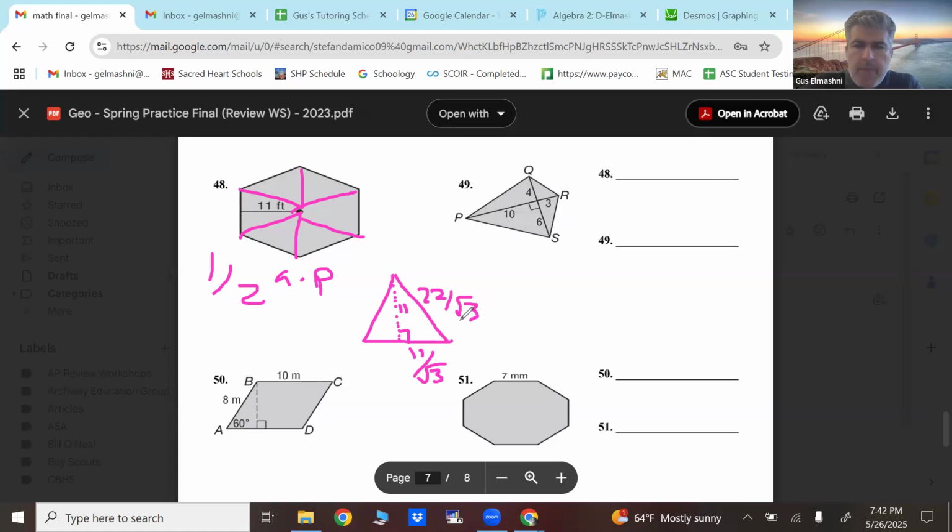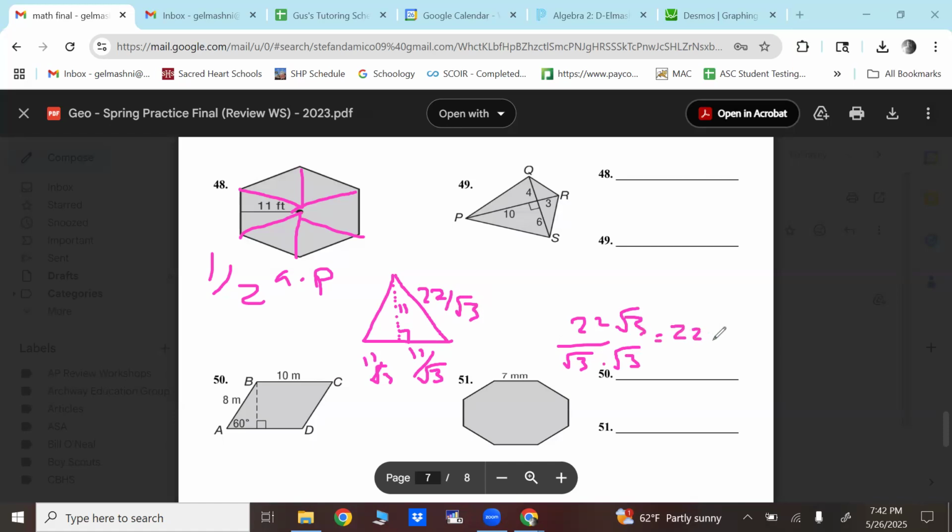And that's also 11 over root 3. So it's going to be 22 over root 3. That's your base.